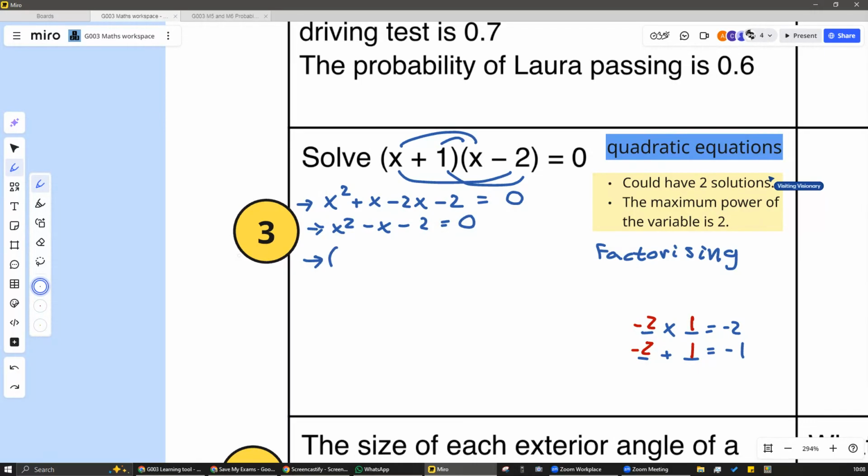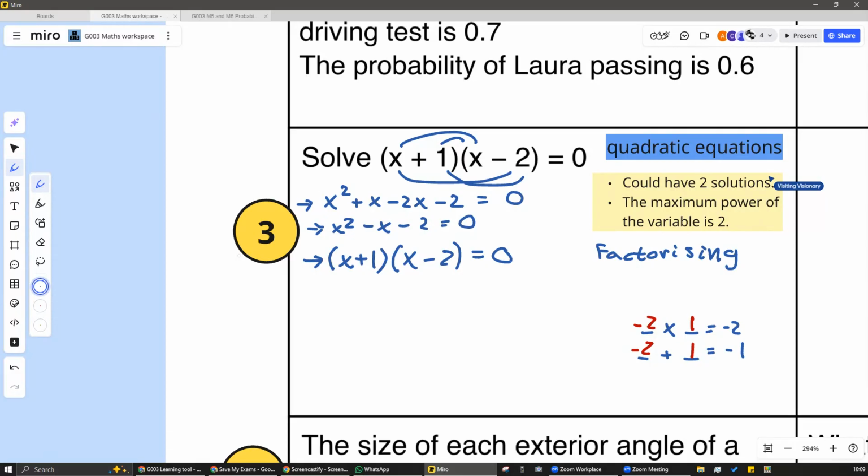So that's why I would end up with x plus 1 from this one here, multiplied by x minus 2 from this one here. And that's factorized, and again, it's equal to 0. So as I said, they've done that bit for us. So we would get to this stage here.